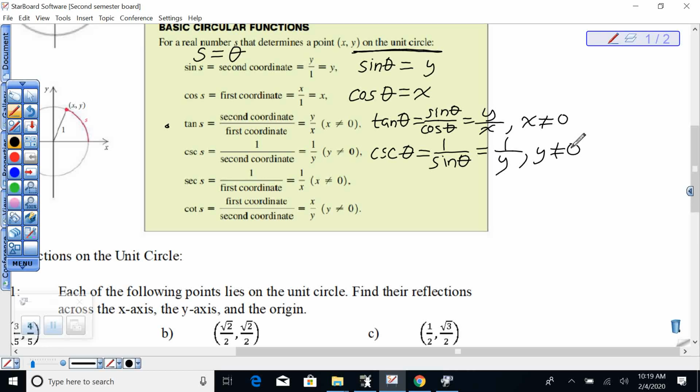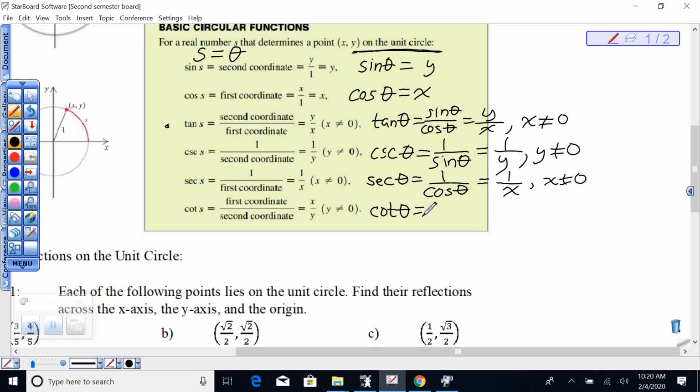Secant is the reciprocal of cosine, so that would be 1 over cosine theta. And cosine of theta equals x, so that's 1 over x, with the restriction that x cannot equal 0. And then last we have cotangent. Cotangent is the reciprocal of tangent, tangent being sine over cosine.